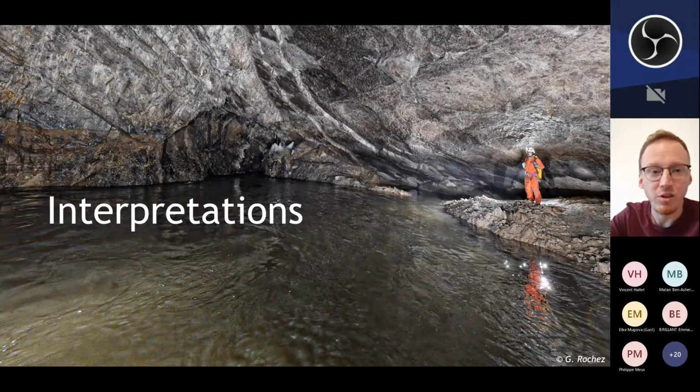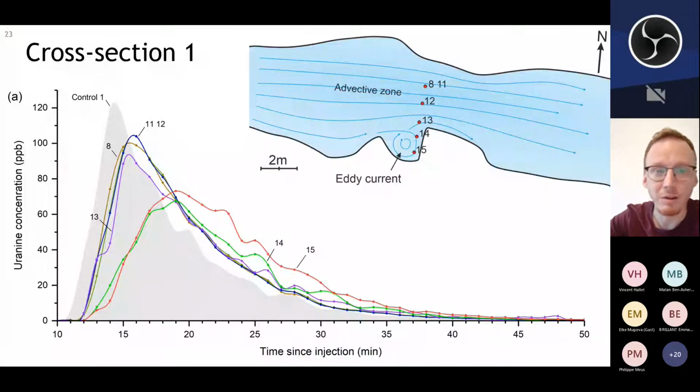In terms of interpretation, for cross-section 1, it is very clear that fluorometers 14 and 15 are affected by a hydrodynamical phenomenon, which makes the breakthrough curves of these fluorometers different. This is linked to a strong eddy current on the side of the river, because there are two obstacles, one upstream and one downstream at this location, and this makes the side of the river there much slower, and you have a recirculation of water in this area.